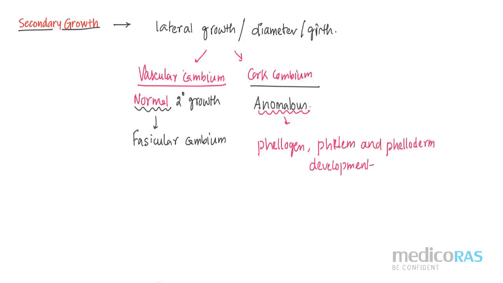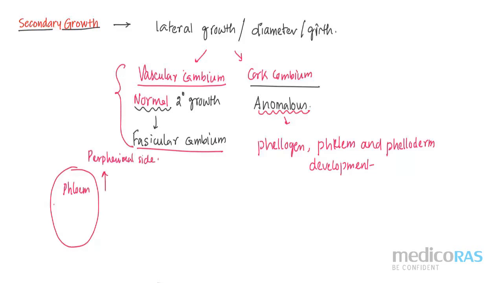Under the vascular cambium or the fascicular cambium development, towards the peripheral side, phloem is usually present, whereas towards the inner side, xylem is present. To separate the xylem and phloem, we have one more structure, and that is nothing but the intrafascicular cambium.